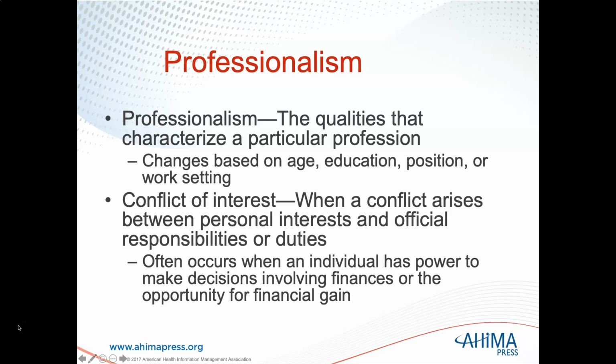So let's say that a physician is involved in a joint venture. Maybe a group of physicians is involved in a joint venture with a local hospital opening an ambulatory surgery center. Because they're doing this joint venture, they've invested money into it.